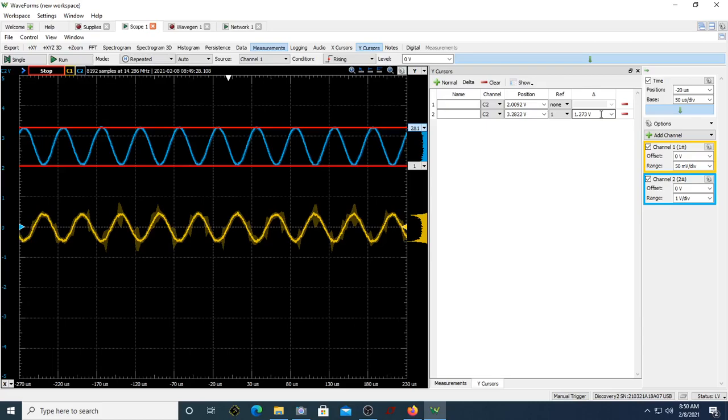So I had in Bode plots 26.38 dB as the gain, which is 10 to the power of 26.38 by 20. So it is now 10 to the power of 26.38 divided by 20. It's coming out to be 20.